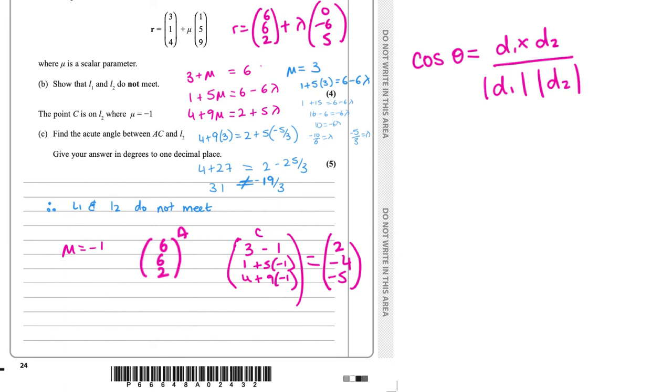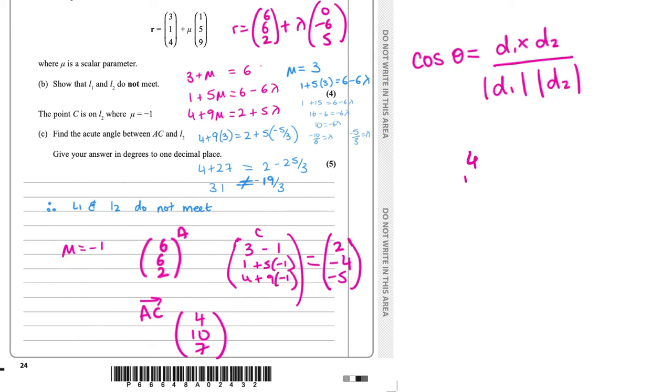So the direction vector D1 is going to be the direction vector A to C, which we know is C minus A. How do I go from 2 to 6? Plus 4. How do I go from minus 4 to 6? 10. How do I go from minus 5 to 2? 7.